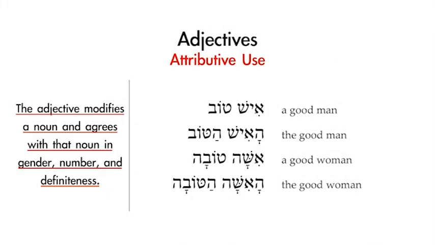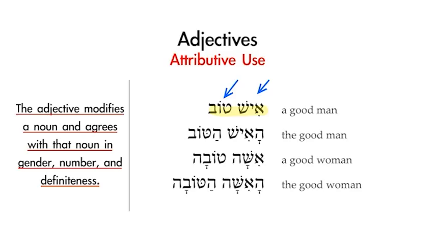So let's look at our first example, ish tov. Here we have the masculine singular noun ish, followed by the masculine singular adjective tov. These adjectives agree in gender, masculine, number, singular, and definiteness. They're both indefinite.